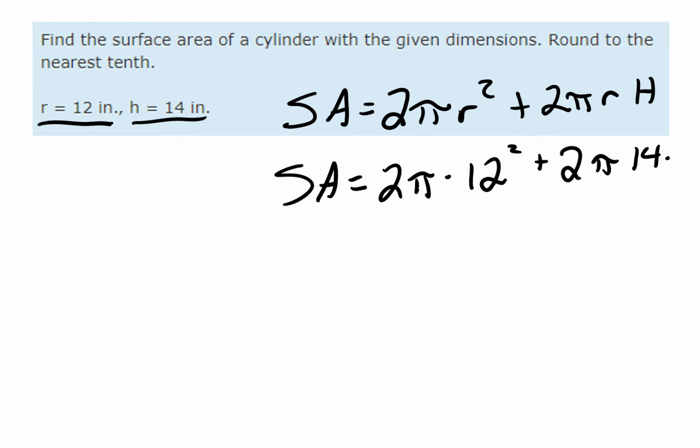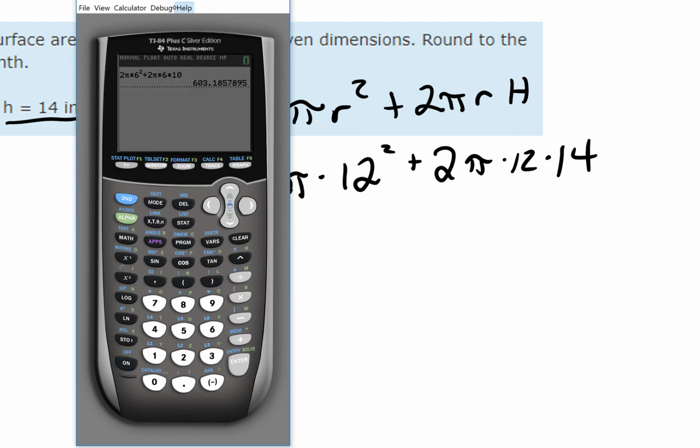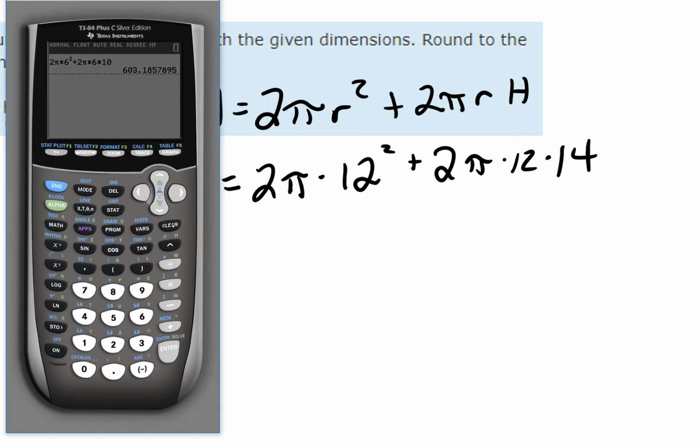Oops, my bad. Fix that. The radius was 12. The height was 14. I can just move this over and make it a little cleaner. There we go. So now it's just a calculator problem from here. Two pi times 12 squared plus 2 pi times 12 times 14.